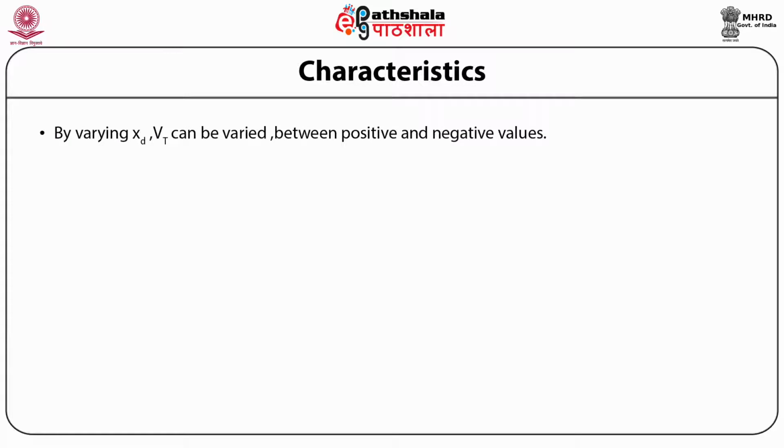Now by varying chi d, Vt can be varied between positive and negative values.